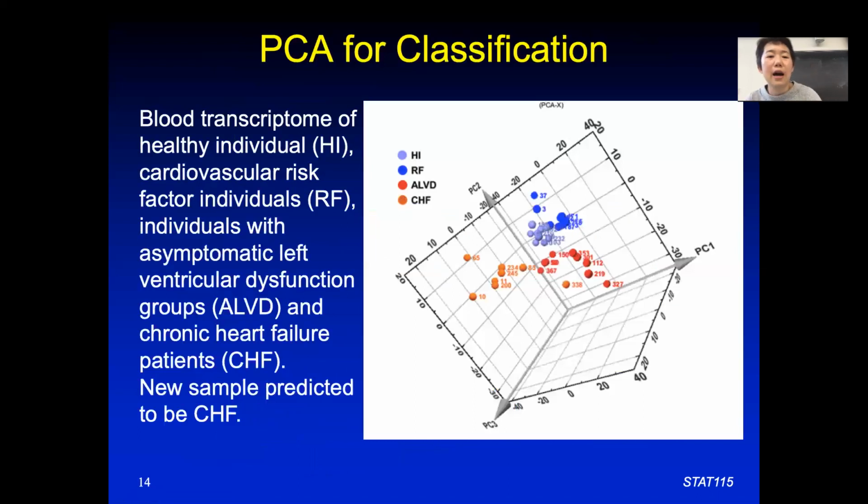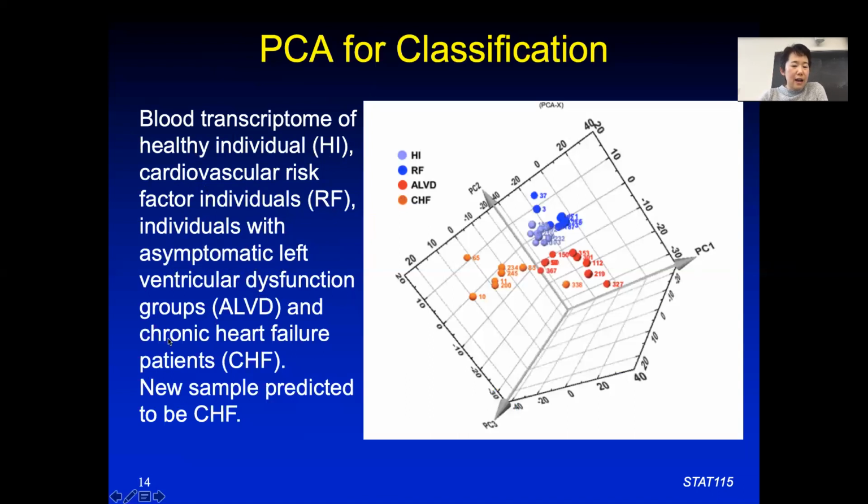Let's look at an example. Supposedly, we are able to get the gene expression data of blood from many different individuals. When they came in, some were healthy individuals, some at risk of getting cardiovascular disease, and some people who already have some abnormality or dysfunction of their heart.